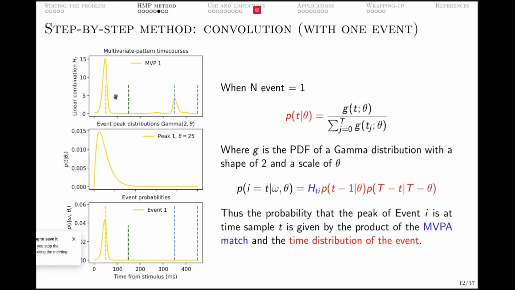And if you do the operation mentally, what you should end up with is this representation. And you can see that it's a bit different from this multivariate time course, especially on the later part, right? Because we have imposed this time distribution, and because it doesn't allow things to happen after 300 milliseconds, the evidence we had for a multivariate pattern completely disappears on the later stage of the trial, right?